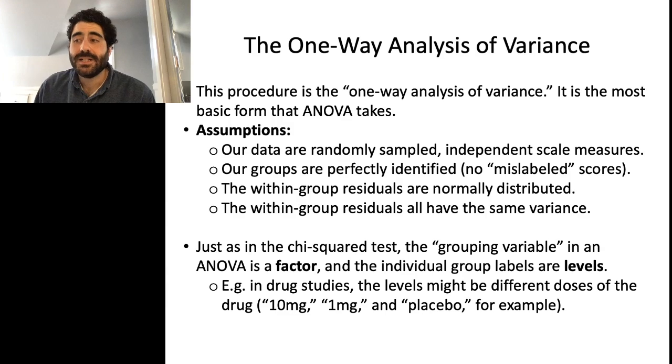Our null hypothesis here would be that these groups are meaningless, meaning that whether the person gets the placebo or 1 milligram or 10 milligrams doesn't have any impact on their outcomes. Even if I knew which group people are in, it doesn't help me decrease my uncertainty about what their outcome is going to be.